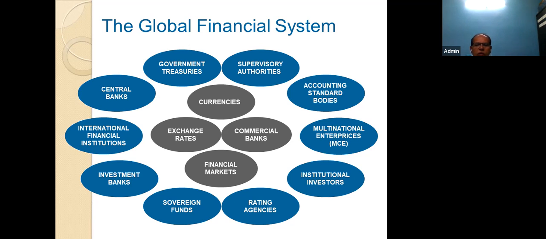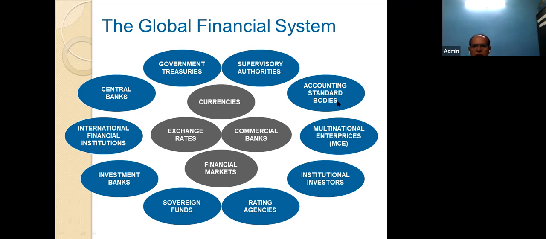So whatever accounts we prepare, the balance sheet or profit and loss account, are acceptable in other countries also. And if another country has prepared its financial statements in the form of profit and loss account and balance sheet, then by referring to them, we also understand their financial position or performance.